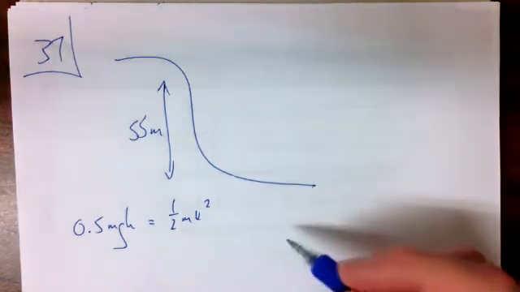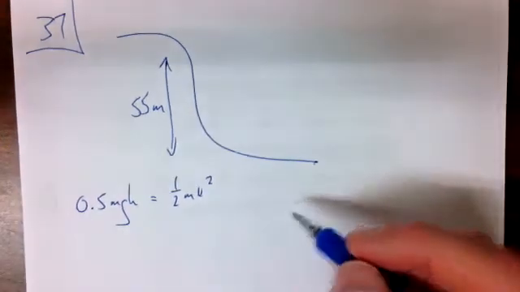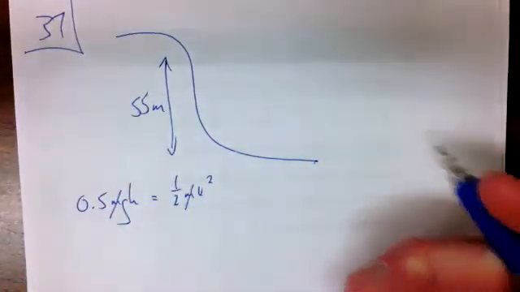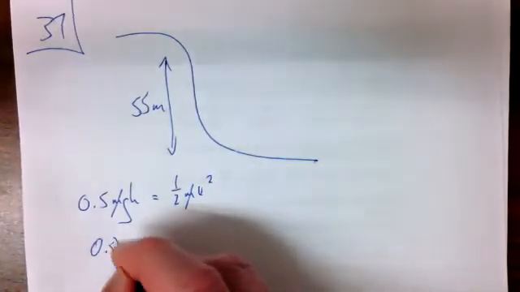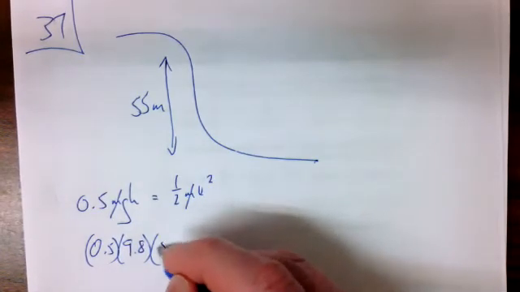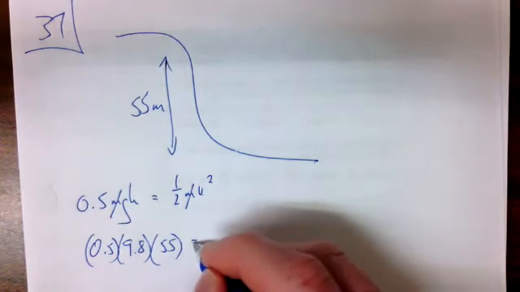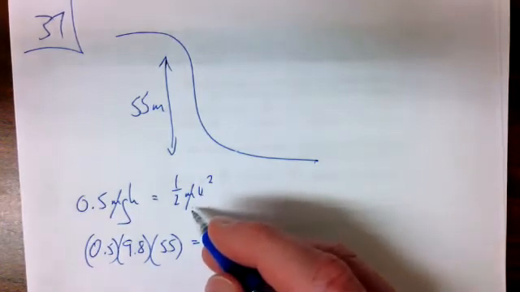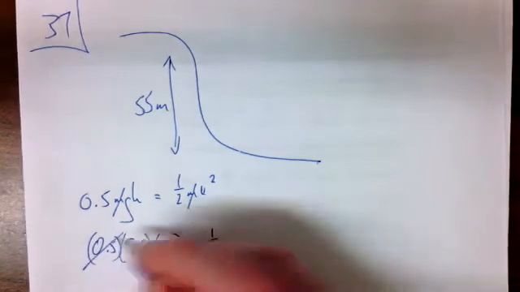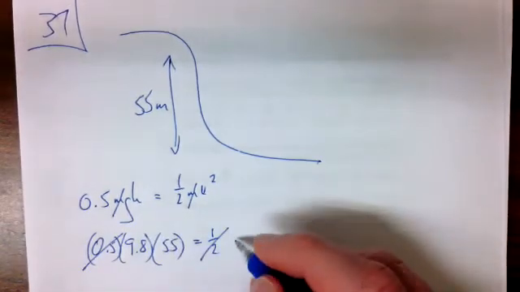Okay, so do you want me to do this one? Yeah. So mgh, so again, the m's can cancel. They're on both sides. We can just cancel that. 0.5 times gravity is 9.8 times 55 is the height difference. Everything's relative. Notice also we have a half on either side. We can just cancel these just to save us some time.